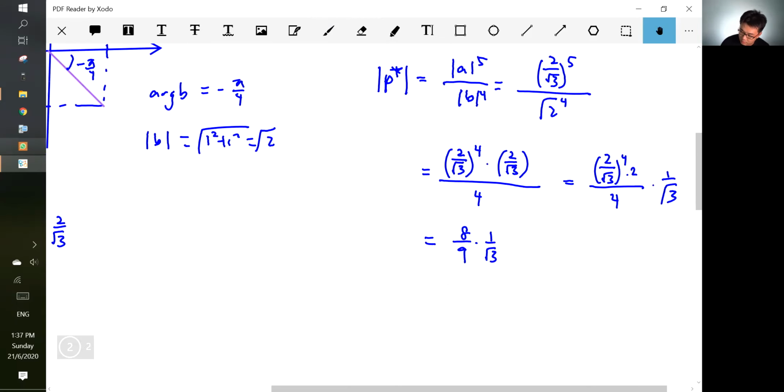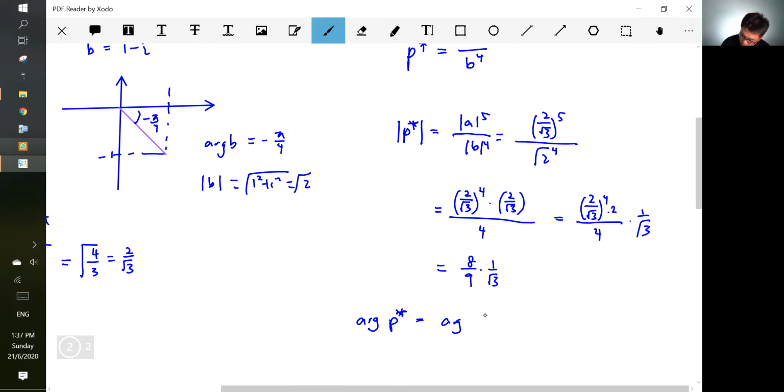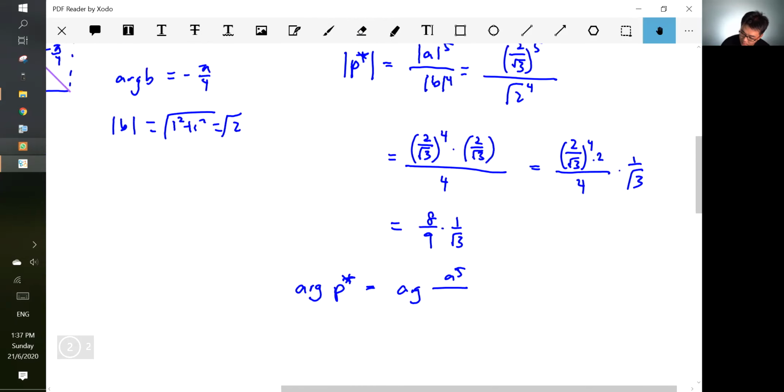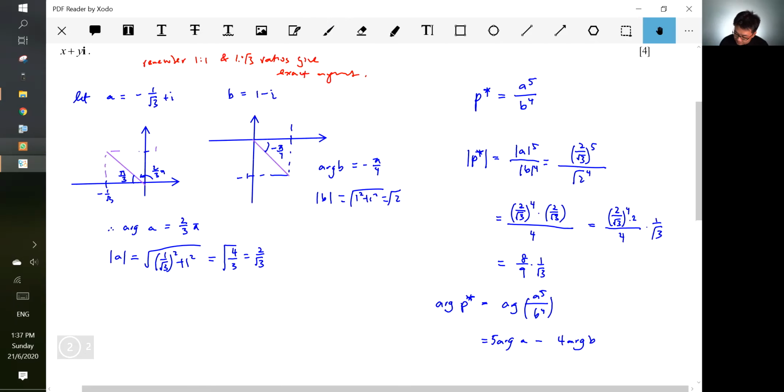Then after that, I find argument P. Argument P conjugate is actually just argument A5 over B4 is actually just... Argument A is 2/3 pi.